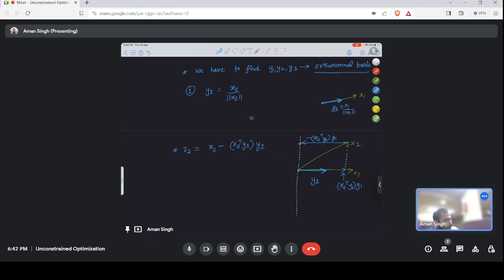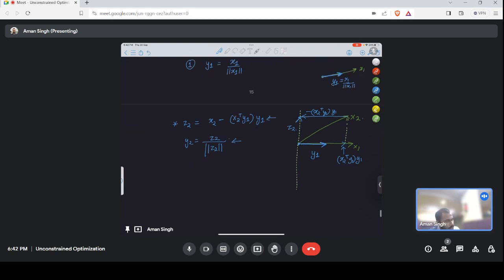Here we are getting z2, and then y2 can be written as z2 upon norm of z2. So this normalizes the vector, and this gives you the perpendicular.